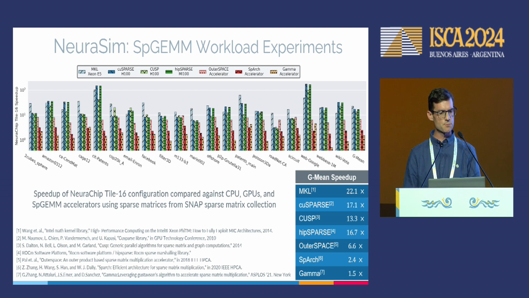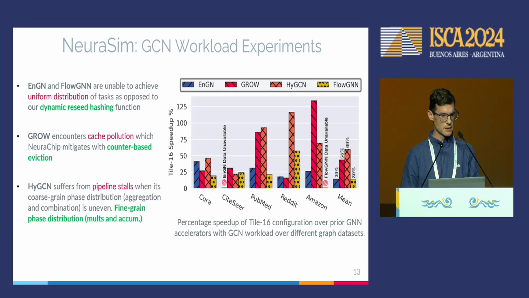First, regarding SpGEMM workloads, we have compared against CPU and GPU high-end implementations, and also the state-of-the-art accelerators, such as SpArch and Spark, which are for outer product, and Gamma, which is for Gustavson's algorithm, and we outperform all of them. The particular details about that are in the paper.